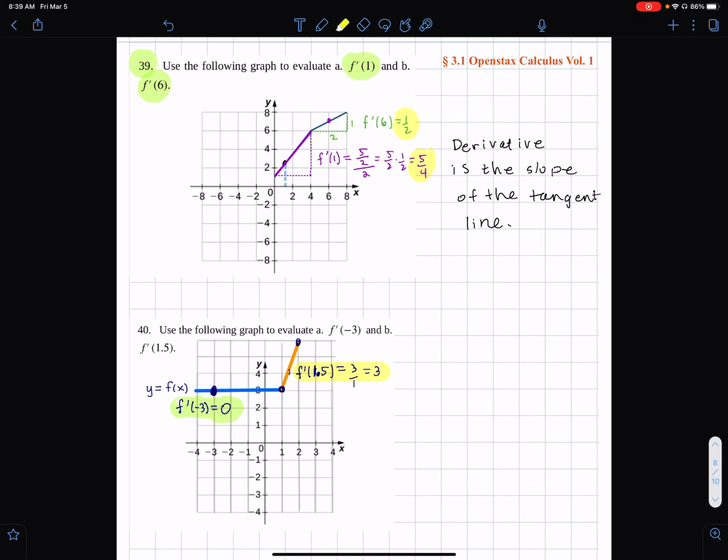And if you have a line, then the slope of that line is the derivative of the line. Slope equals derivative. All I did is look at -3 and find the slope of the line. I'm talking about number 40. At -3, I find the slope of the line. At 1.5, I find the slope of the line. That's all I'm doing here. Okay, so that's all.